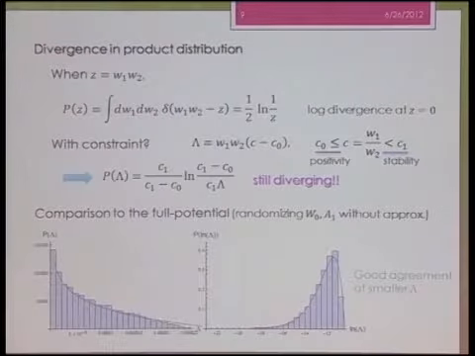This solid curve is given by the analytic formula, while this histogram is given by the numerical simulation. And once we reach the small lambda region, this plot may be better. This is a log histogram. Once we reach a smaller lambda region, the analytical result agrees perfectly with the numerical simulation, even without any approximation.